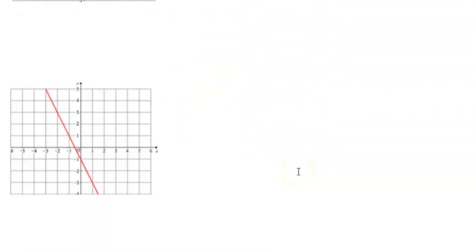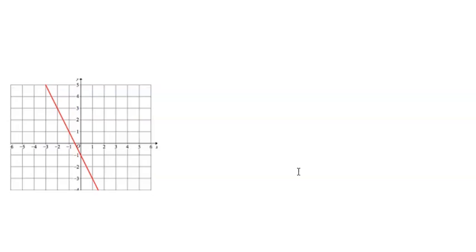Let's have a look at this line. Straight away I can see it's a negative line. So I need to remember that the gradient has to be negative. Again, I'm going to choose 2 points that intersect the coordinates perfectly. I can see there's a point there, and I keep going until I find another point there. So I'm going to choose those 2 points.